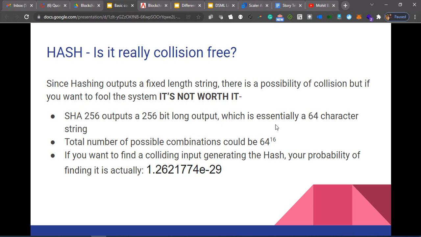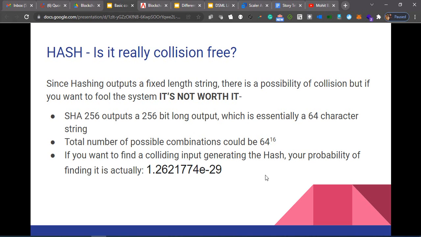In hex, there are 16 characters, which are a combination of alphabets and numerics. So the probability of getting a collision is as low as 1.26 e raised to the power minus 29, right? So it's almost zero, right? So there are no known collisions which have been found so far.